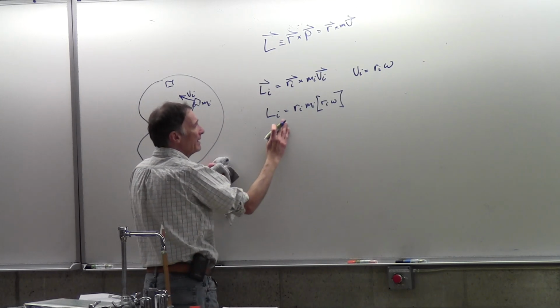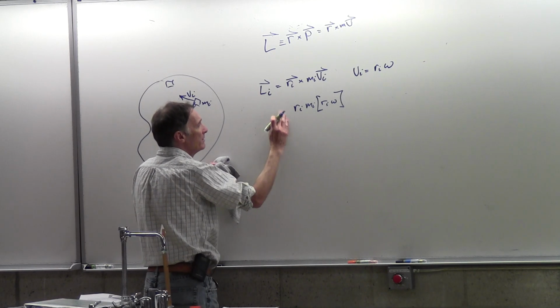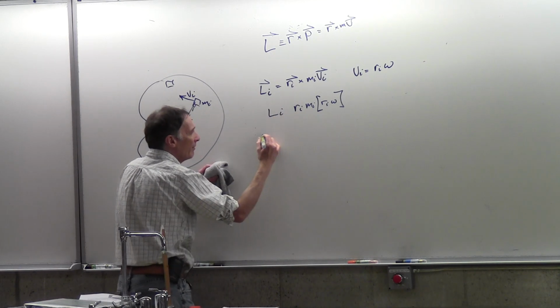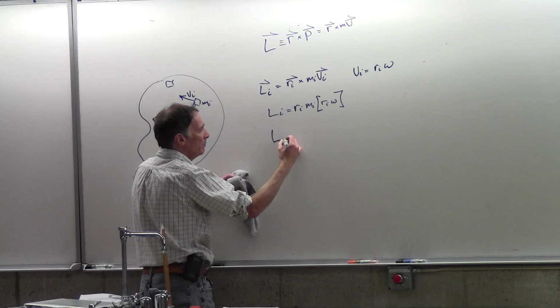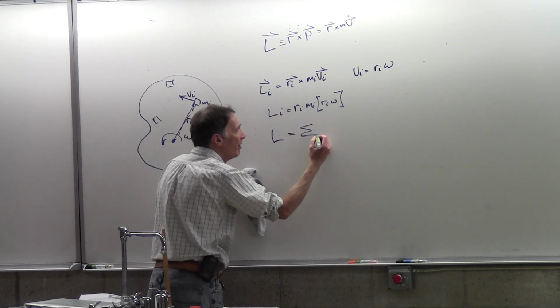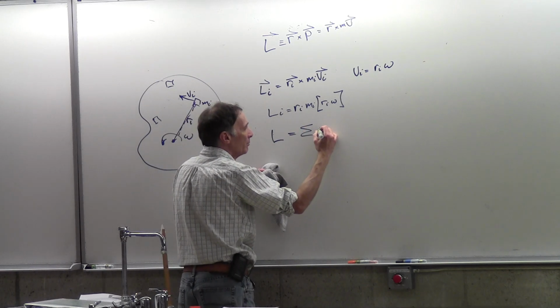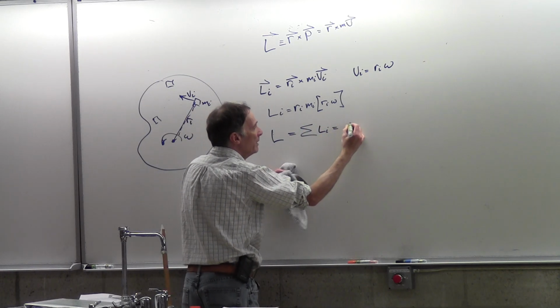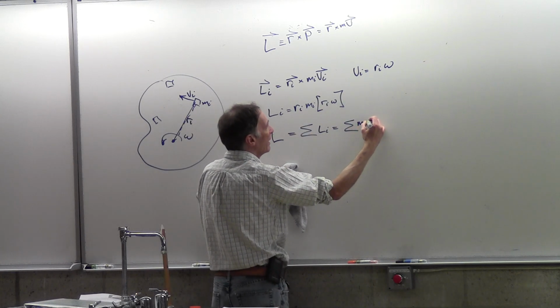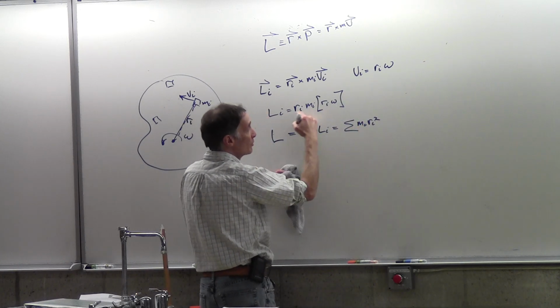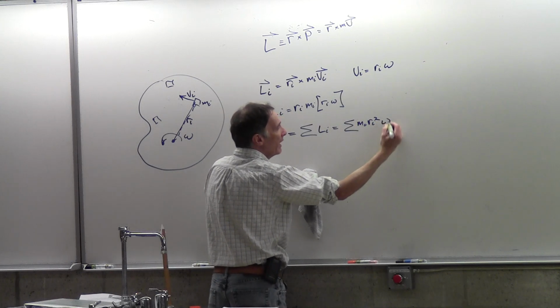If we wanted to get all of the angular momentum, the total angular momentum is going to be equal to the sum of all the individual angular momenta, and that would be the sum of m sub i times r sub i squared times omega.